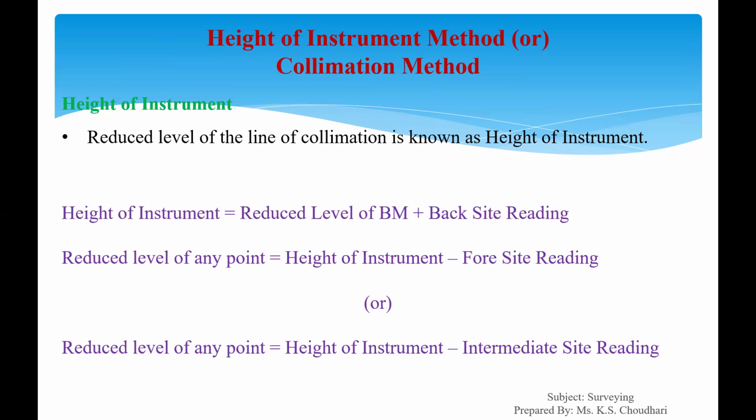Now, the formula for the reduced level of any point is equal to height of instrument minus foresight reading, or reduced level of any point is equal to height of instrument minus intermediate sight reading.